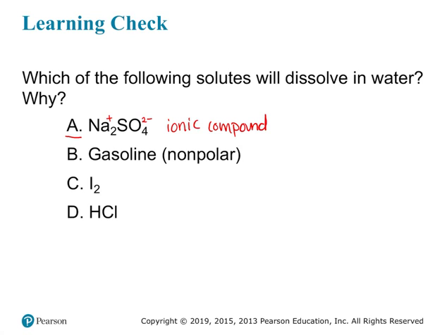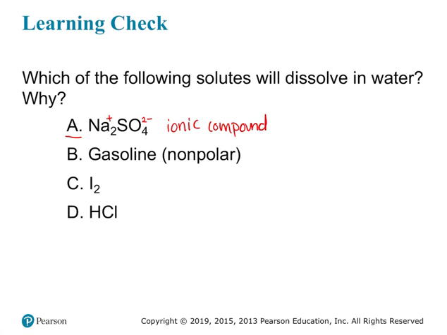So let's go back and think about our solubility rules. Okay, so we have sodium ions and sulfate ions. Now, in our solubility rules, sodium ions are always soluble no matter what they're bonded to. And then sulfate ions are generally soluble with a couple of exceptions.